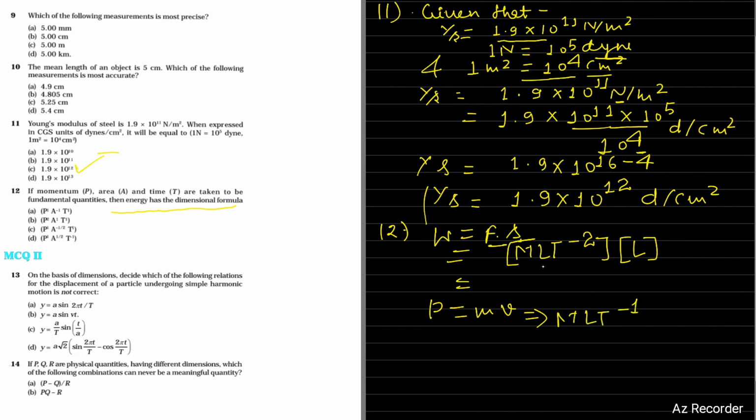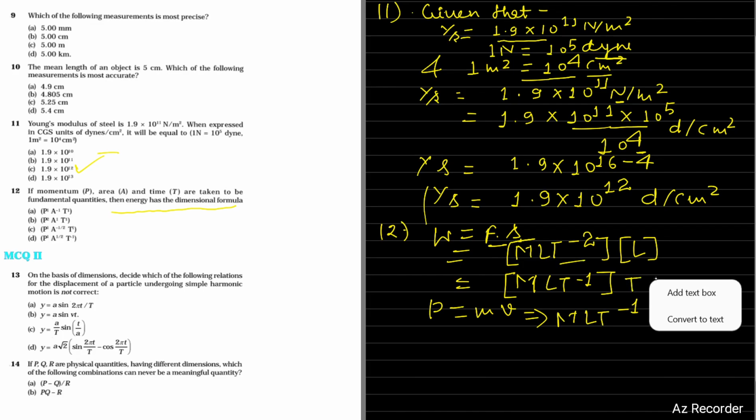So we can write it as a MLT^-1. One T will be left, so we'll write it as a T^-1, and one L^2 is left.